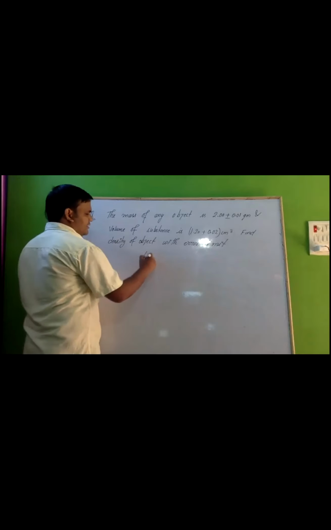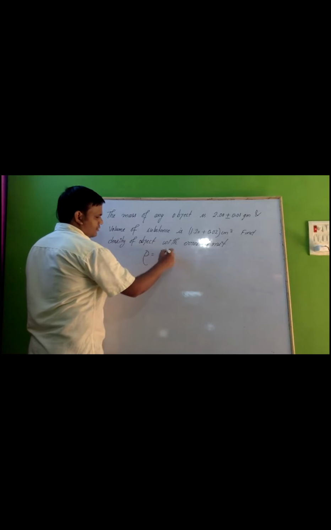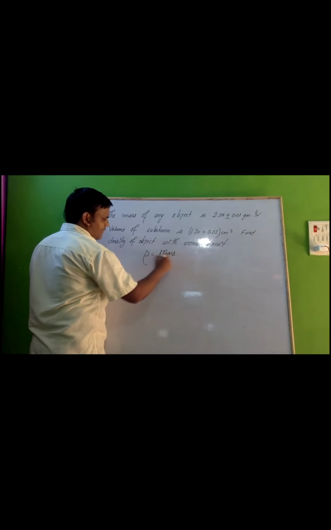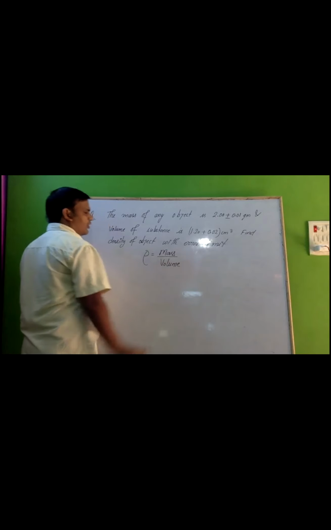Okay, coming to this question, I have given mass and volume, and I am asking about the density. So how can you do this question? You can write like this: density is equal to mass upon volume. This is the formula.